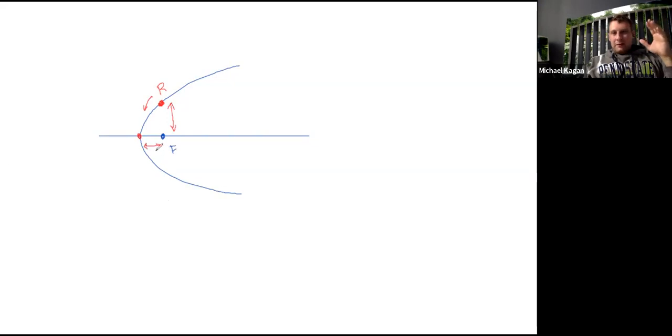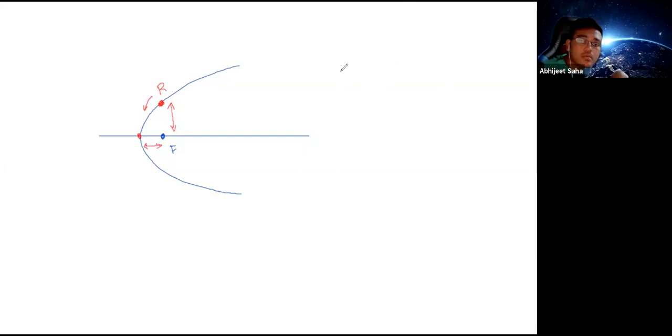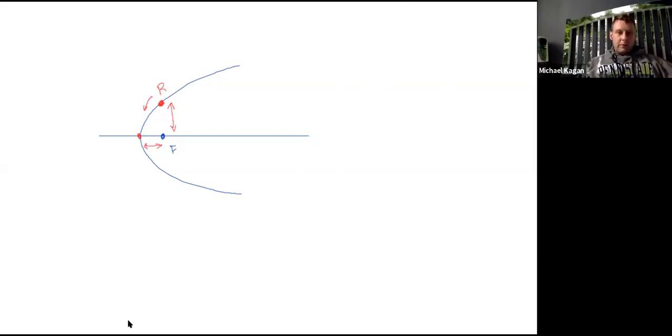Does anybody know that fact about parabolas? Yes, easy. Okay, nice. Because if you think of the regular parabola in the standard orientation, then that's kind of easy to see. If this is y equals x squared, then where is the focus?